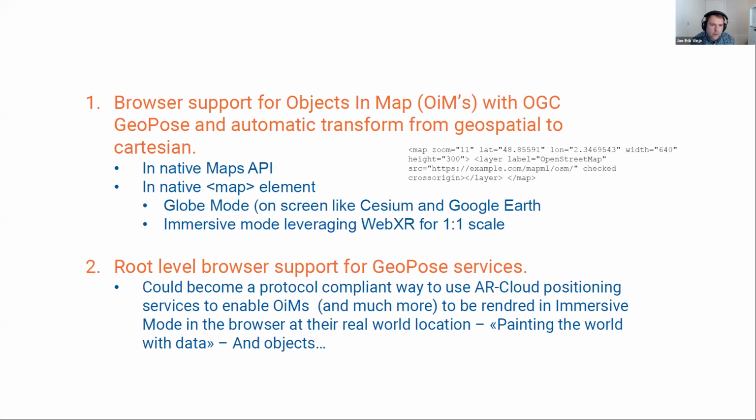Browser support for objects in maps should use the OGC GeoPose standard, and also support automatic transform from geospatial to Cartesian. Currently, the proposal we're working on in our standards working group has something called a Basic GeoPose, which is in latitude and longitude, and that doesn't really work too well in screen coordinates or in a 3D scene rendered using 3D graphics.